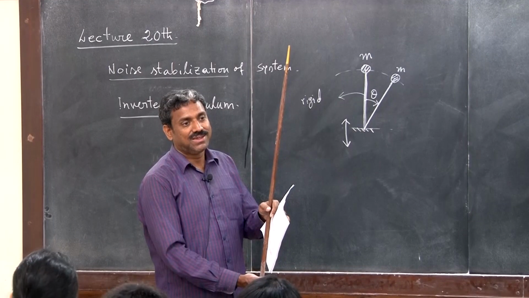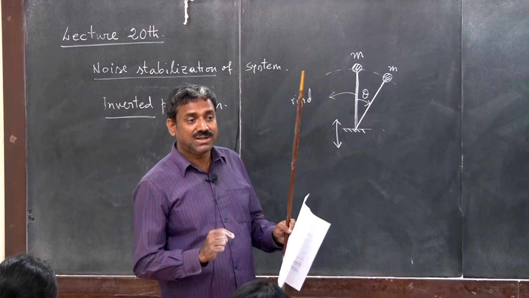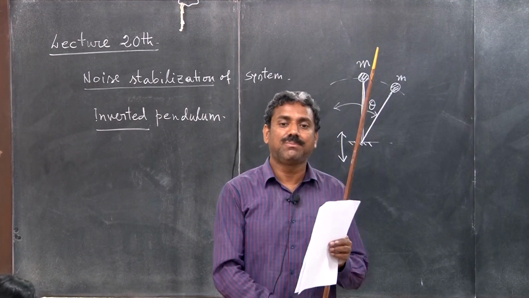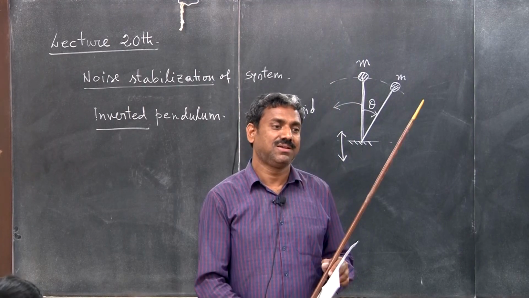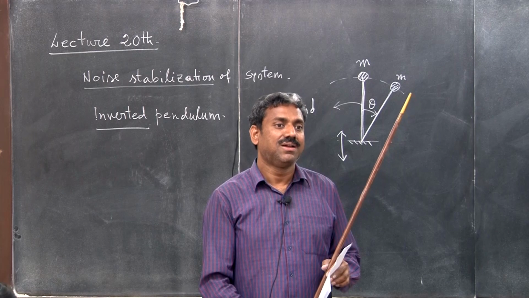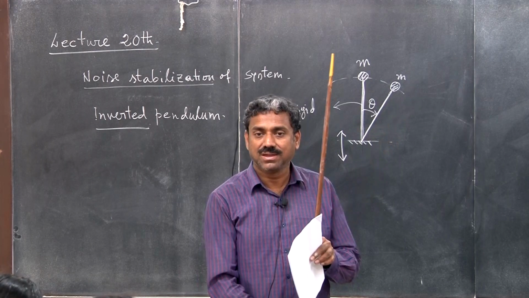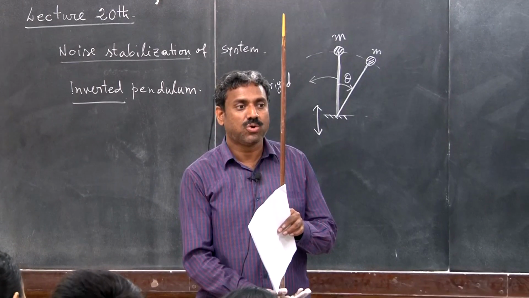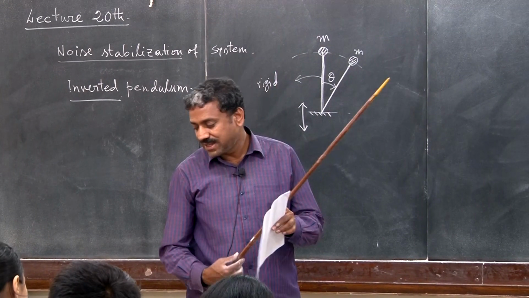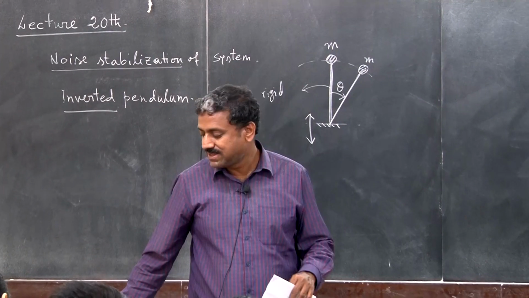Why is that called noise? Because whatever I am applying is at a much higher frequency than the frequency at which it is falling. That is why I term the excitation I give by my hand as noise. You see that? And this kind of stabilization is called noise stabilization.